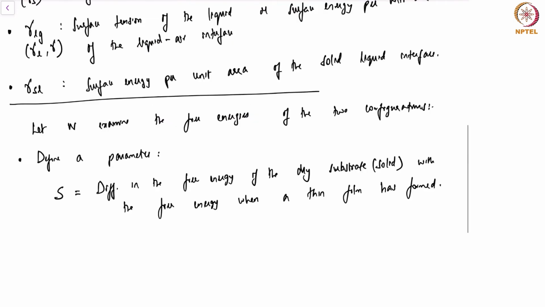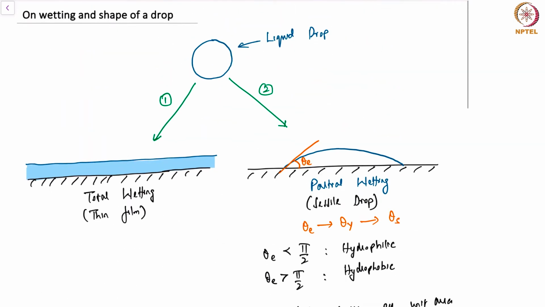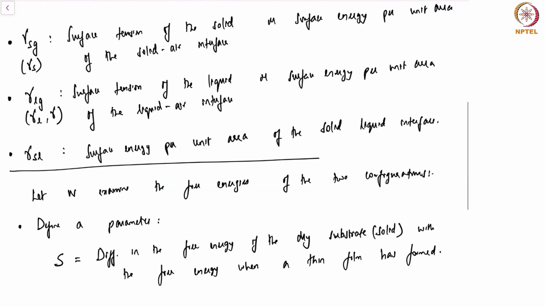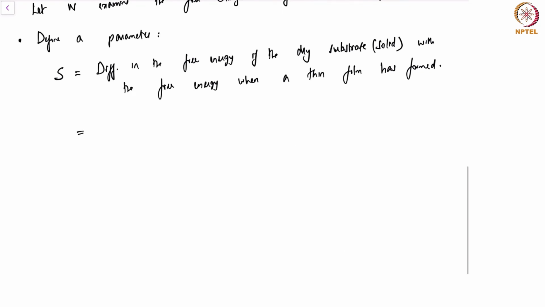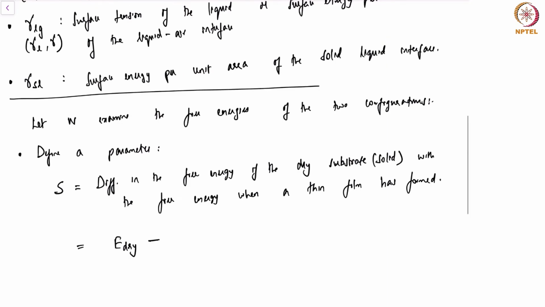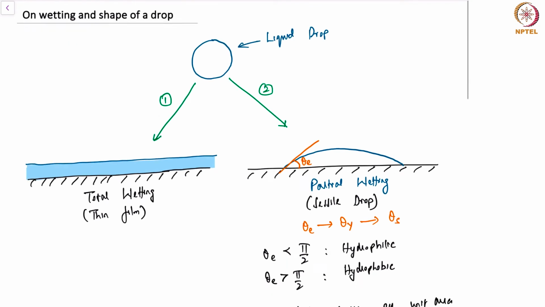Let's look at the situation in configuration 1. In configuration 1, before you place the droplet, you basically have just a dry solid surface. So the surface energy of that configuration is just, we'll call it E dry. Now we'll ask, what is the difference after the film has formed? After the film has formed, we have two surfaces.